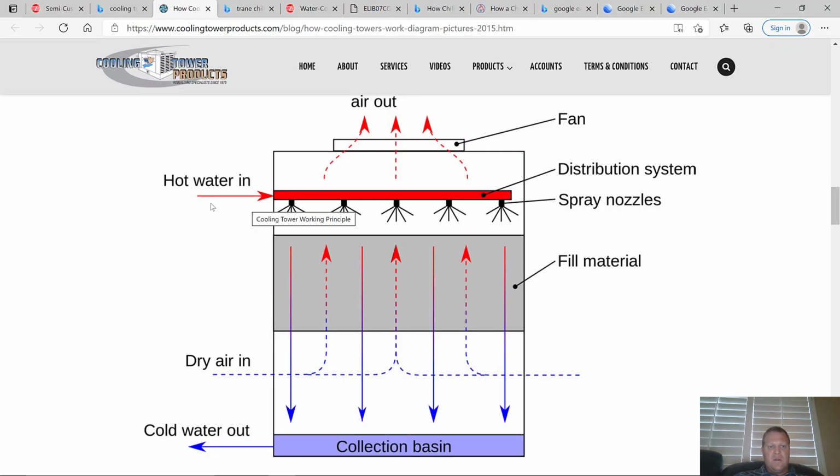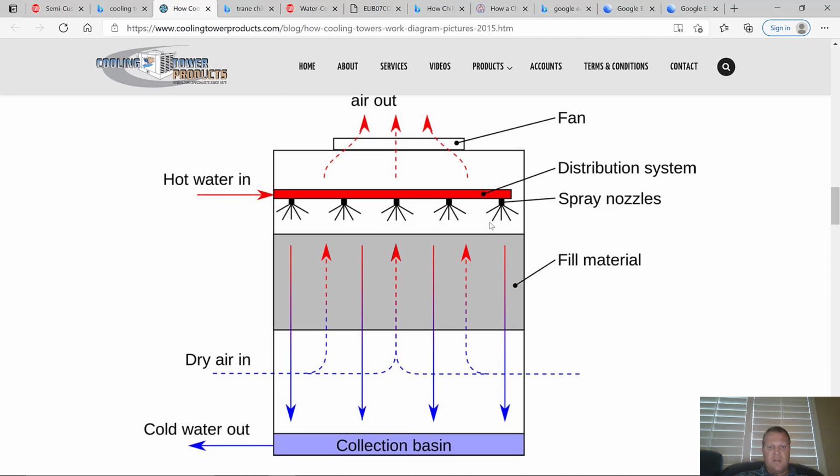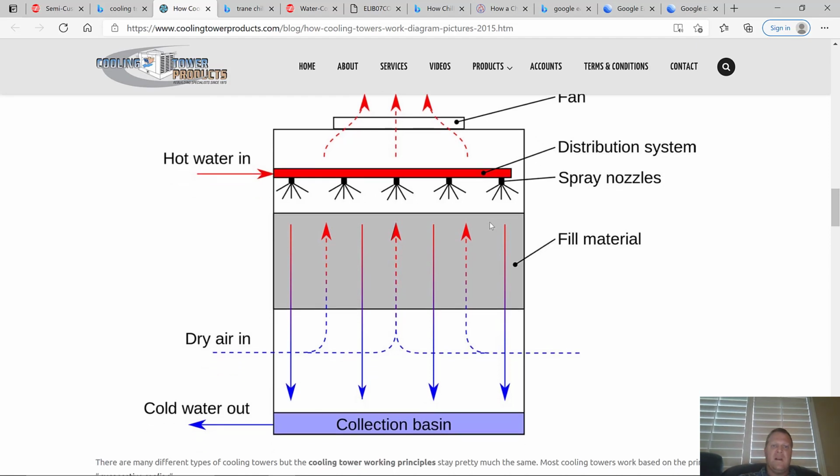Okay, so it's coming from the condensing side of the chiller hot, and it has these spray nozzles or a distribution system to spray that water and try to get it to mist a little bit and have more surface area in the water. The water is going to get sprayed onto what they're calling fill material.